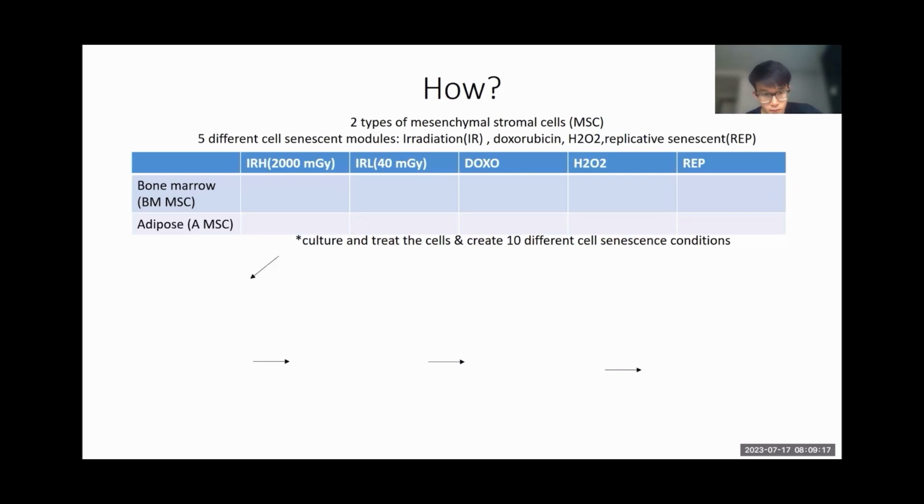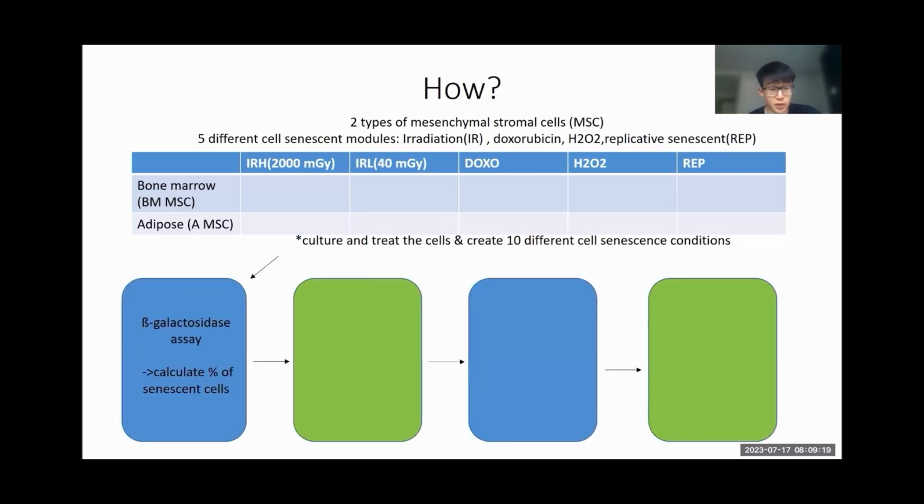And then when they finish it, they firstly use a beta-galactosidase assay to calculate the percentage of cell senescence within those conditions. And then they use mass spec to identify what components it contains in the protein secretome.